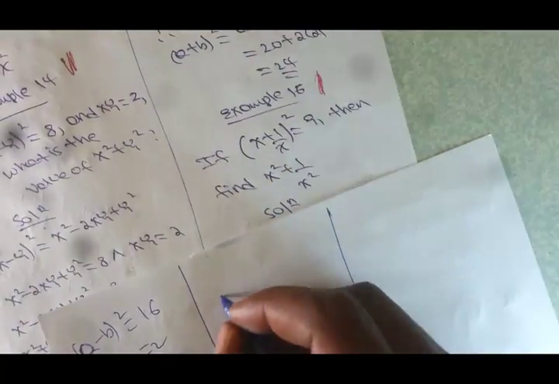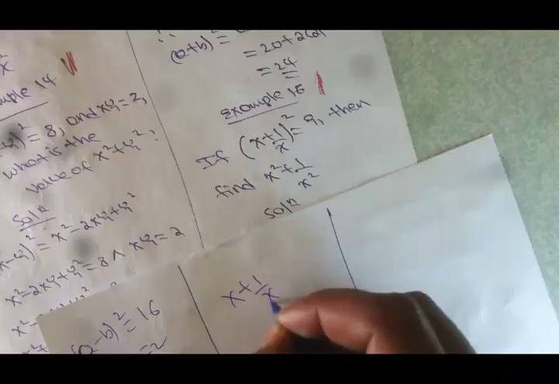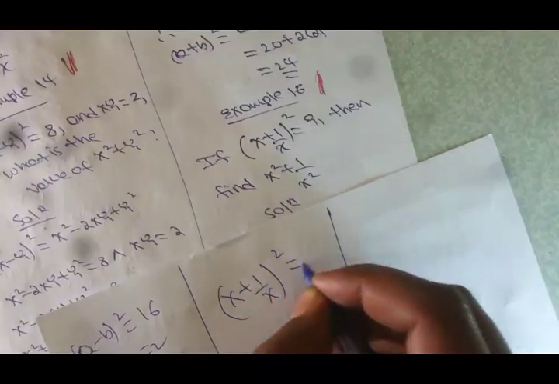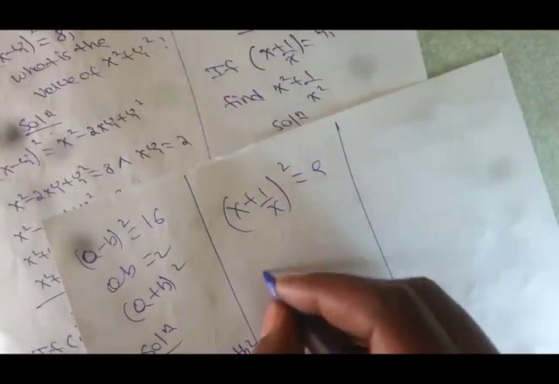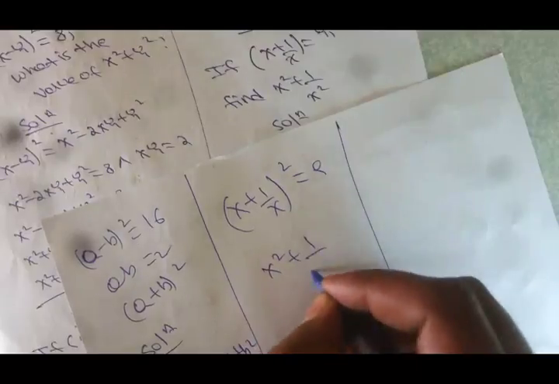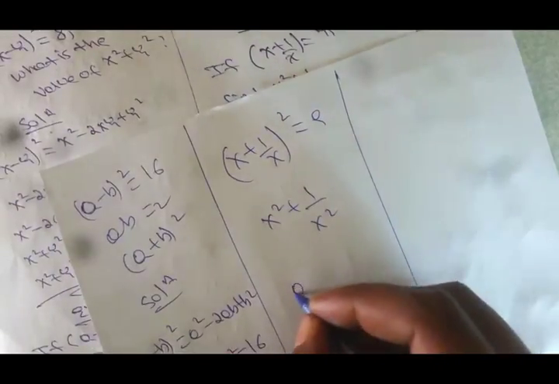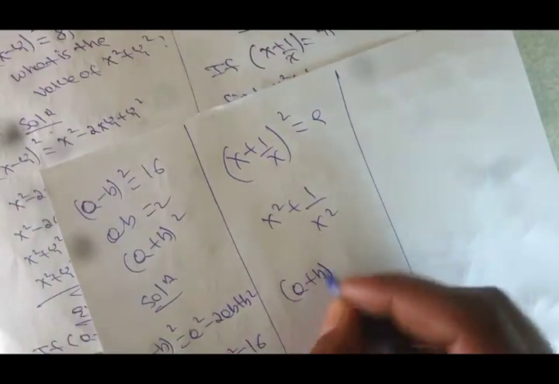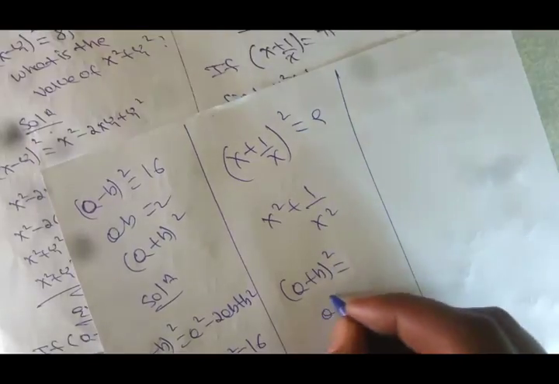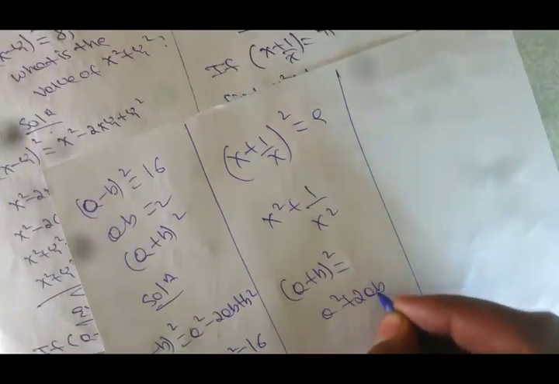We are given x plus 1 over x the whole squared is 9, and we are asked to find x squared plus 1 over x squared. We know that a plus b the whole squared is equal to a squared plus 2 times ab plus b squared.